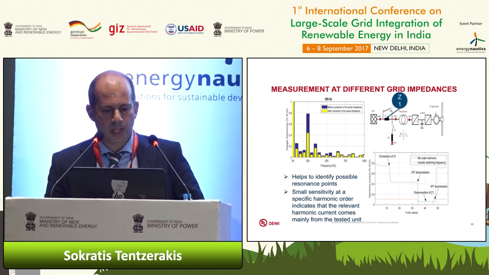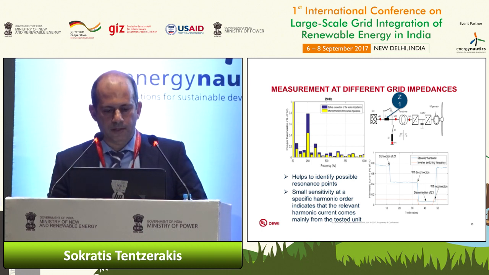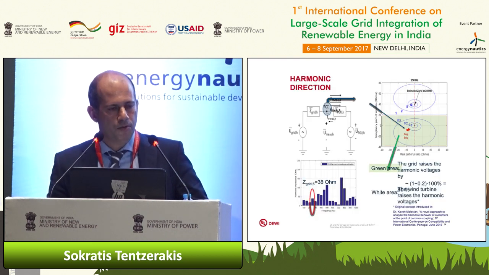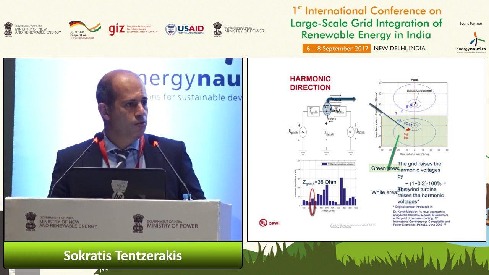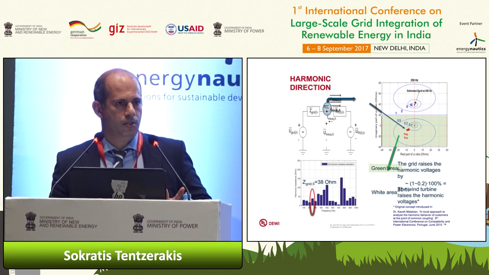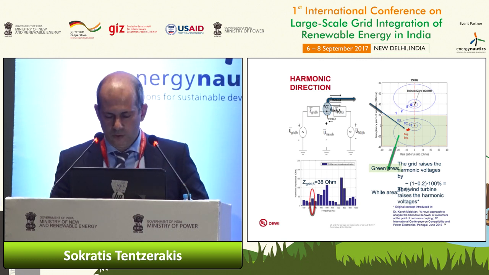Another method that is recently introduced is to go one step further using the measurements at the point of connection, both voltage and current harmonic measurements, if we know with good accuracy the grid impedance and the impedance of the tested unit.